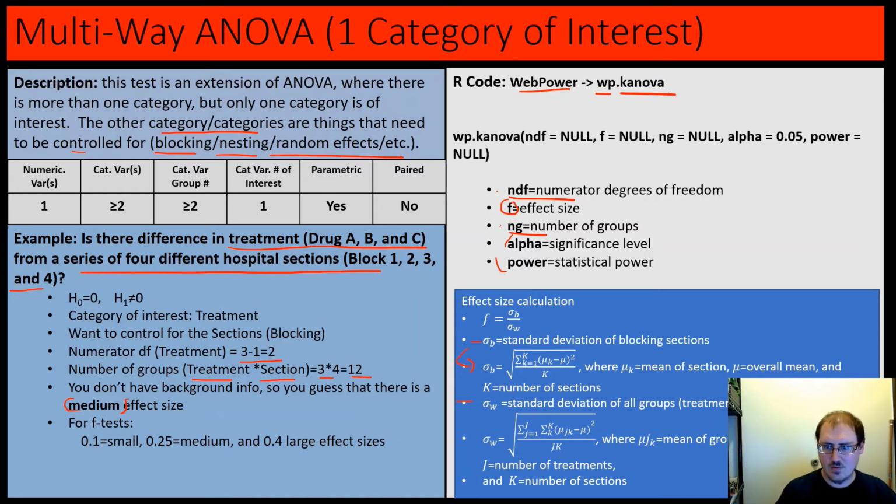And then the standard deviation of all groups, treatment times section, is kind of big and long, but you take the mean of each group and then the overall mean, this group being each combination of treatment and section, so that's going to be 12, over the number of treatments and the number of sections. So a lot going on, but it's doable. But for our test here, we'll just do a medium effect size of 0.25.